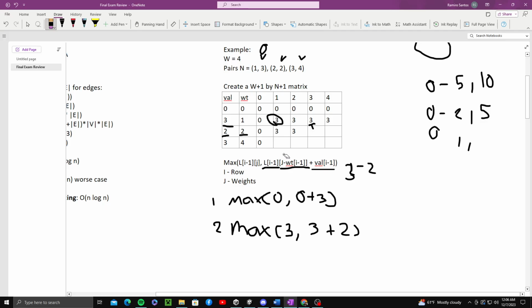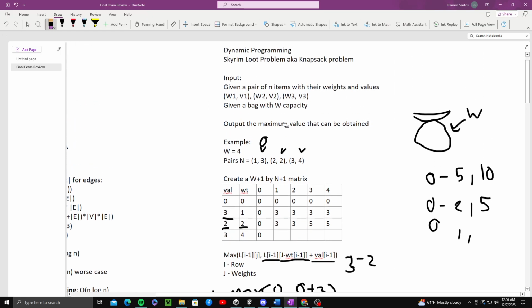You guys know the max here, right? It's going to be 5. And you're going to do the same process with this one. You look up, look left. It's going to be 5 as well, okay? Now we're done with the second item. We're going to be continuing on.